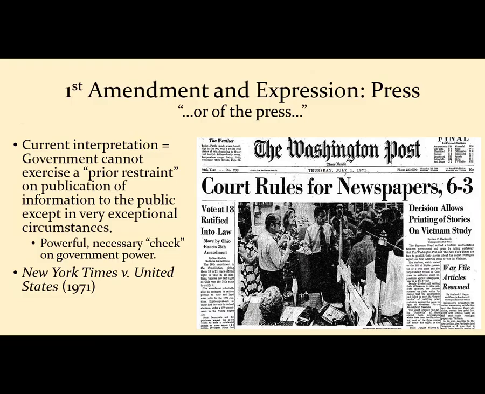This particular case, the New York Times case, is relevant today. And we have an assignment in this learning module where you're going to talk about the current ban on, or proposed ban on TikTok.